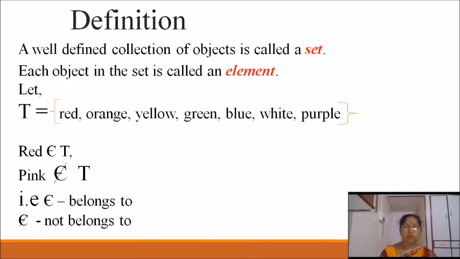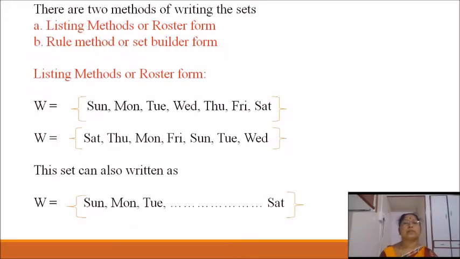Now, there are two methods of writing sets. The first one is the listing method or roster method, and the second one is the rule method or set builder method. Let us discuss the first, the listing method or roster method.